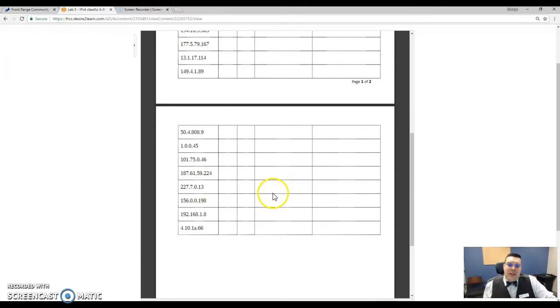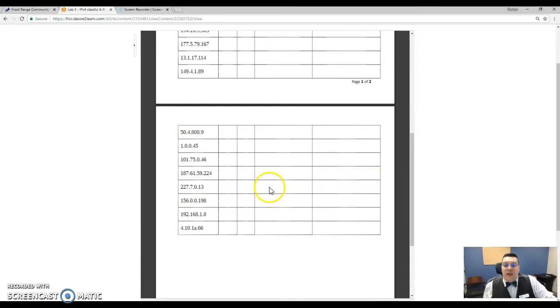But in Class D, usually the subnet mask, the network admin comes up with that. But when you put the network location or the network IP, it'll just be 27.7.0.0. And basically, if you put like a 255.255.255, that last 0 would change.